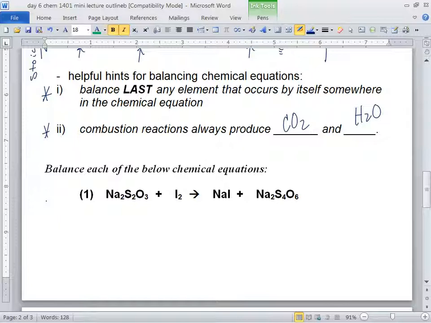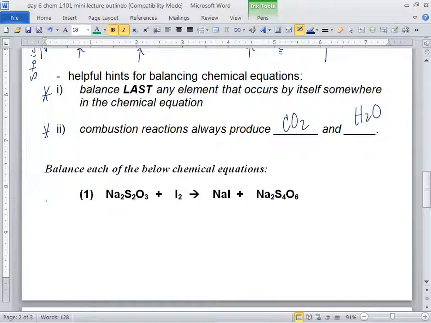Well, I've got how many sodiums on the reactant side? Ashley, how many sodiums do I have on the reactant side? 2. How many on the product side, everybody? 3. So what could I do here? She picked an ugly one to start with, but that's okay, right? 2 over here, 3 over there. So what could I do?